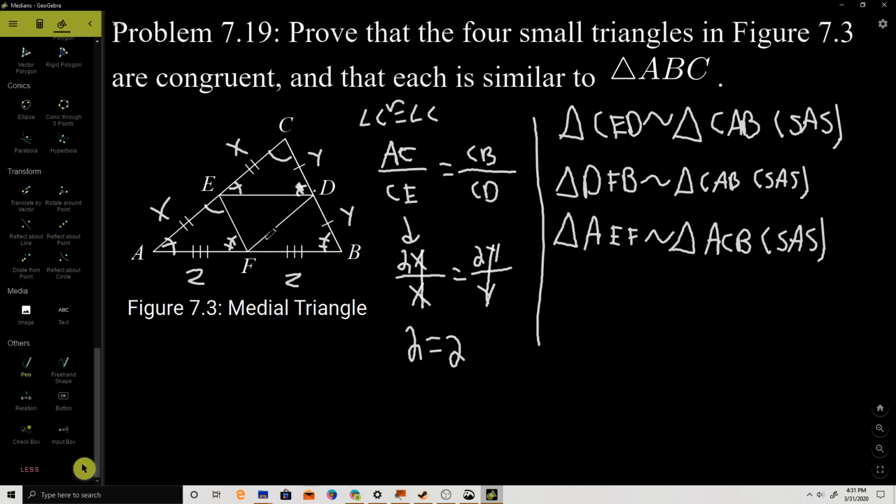And if that's true, then we have DFB, CA, so that's the 1 tick mark one, and that's just the blank one. Okay. Now, we have shown all the similarity. Now let's try to show some congruence. Are the 4 small triangles in figure 7.3 congruent?